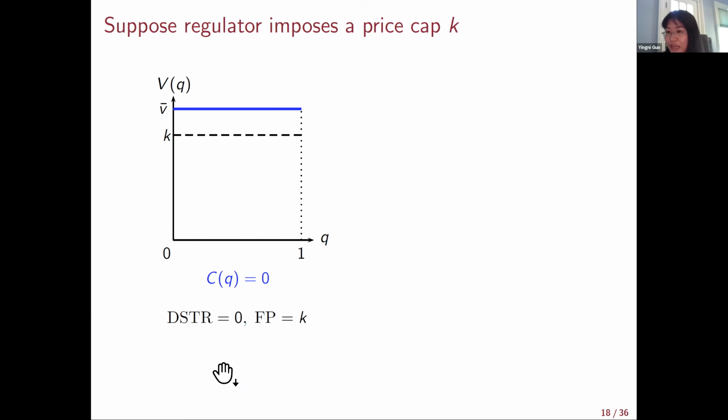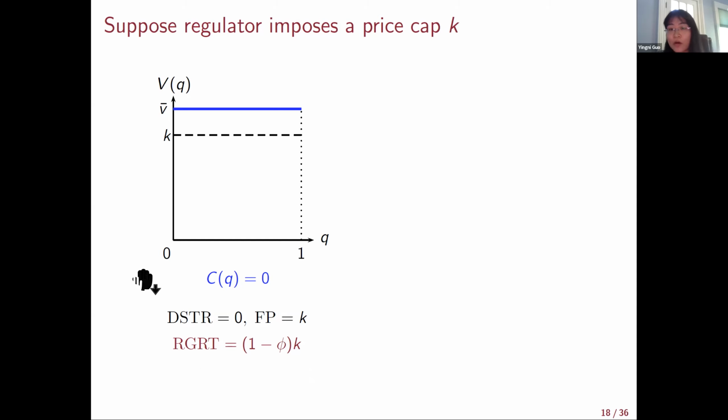Everyone should be served, and everyone is served in this market. But the firm has a profit of K. So in this case, the regret is just from the redistribution objective. My regret is (1 minus phi) times K. I suffer because I don't want the firm to get a profit. I actually wish the firm were charging a price of 0 here. So the lower my price cap is, the better I feel, the lower my regret is.